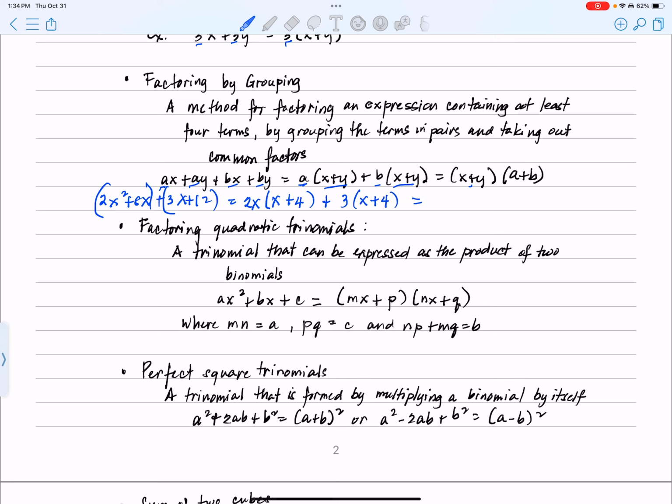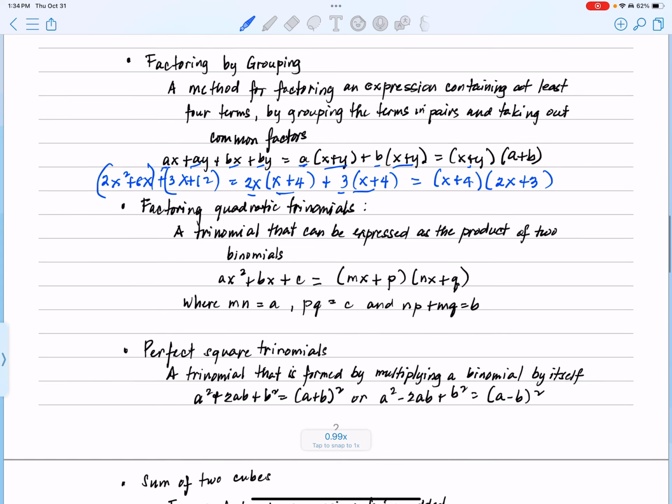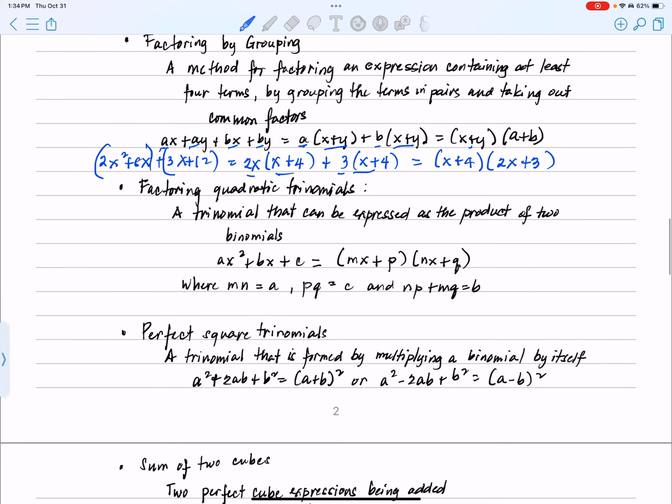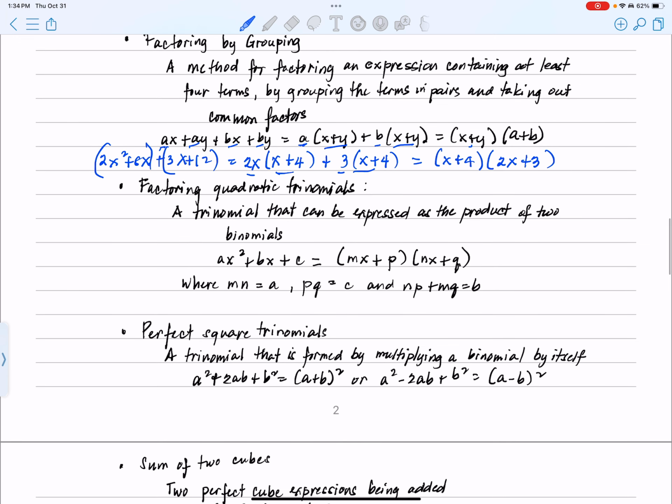So by looking at the common, you can see a common factor, x plus 4, and then you add the two coefficients and make it as one factor, 2x plus 3. That is what we mean by grouping. I know you have learned this already. So this is just a reminder or a review of what we have gone through.